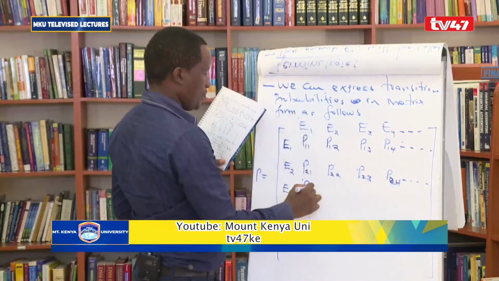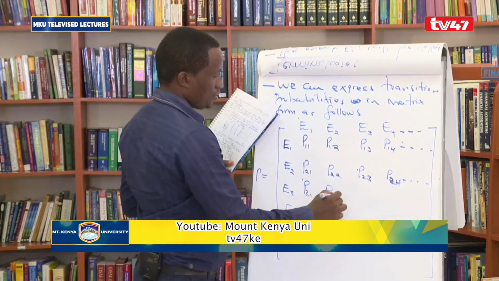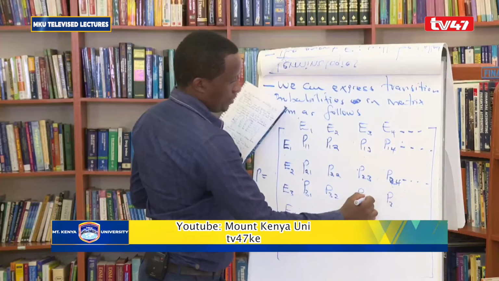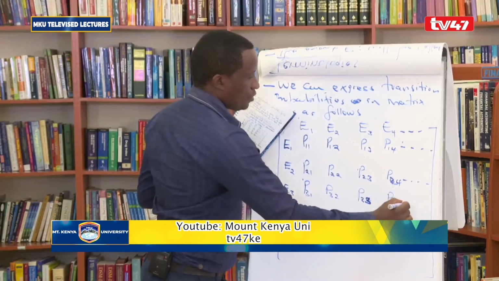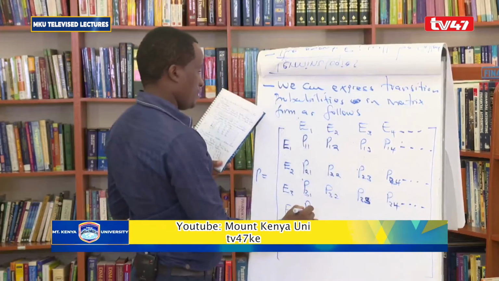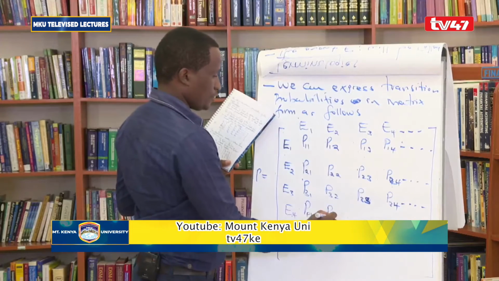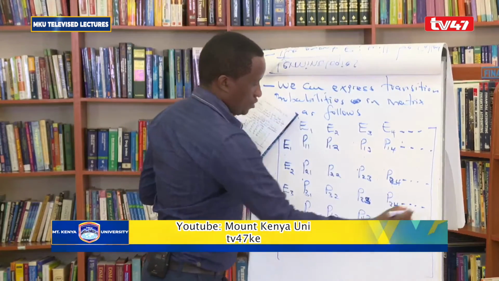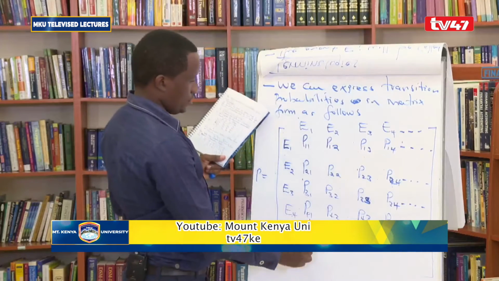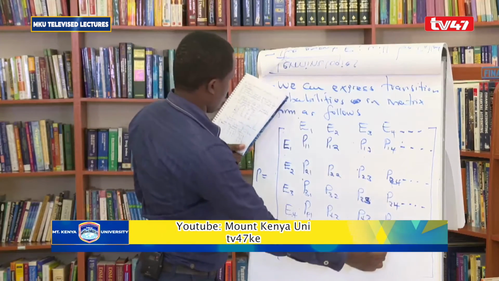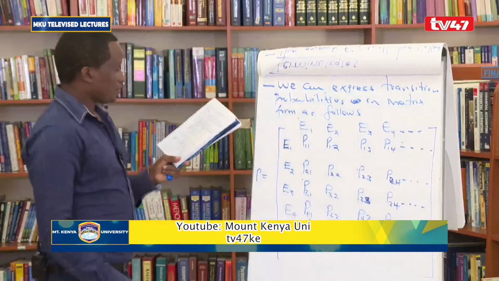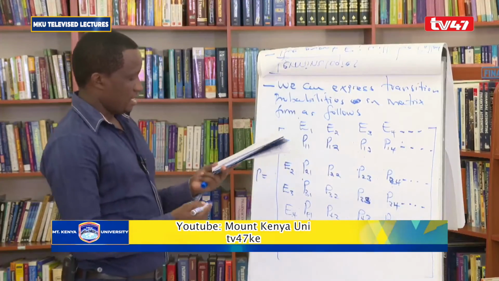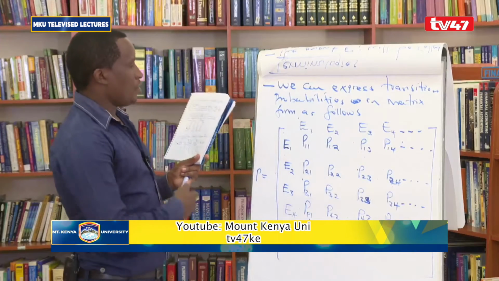Then we have P31, P32, P33, P34, and so on. And then we have P41, P42, P43, P44, and so on. And this would continue up to some point. This is called the transition matrix. It can either be finite or infinite.